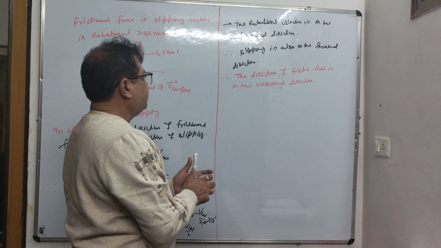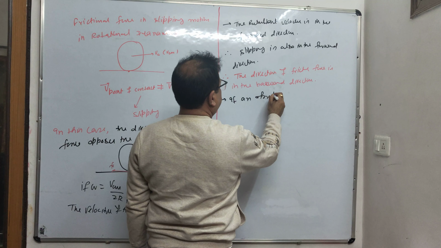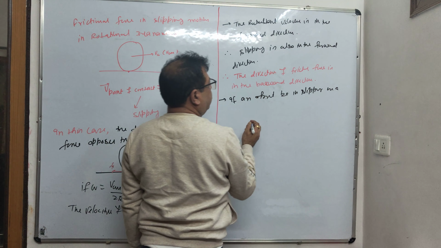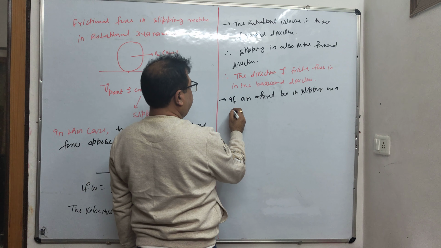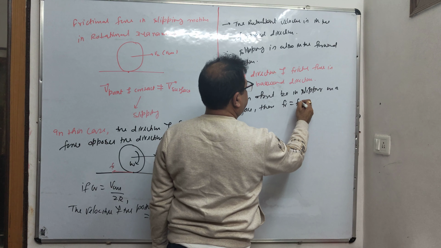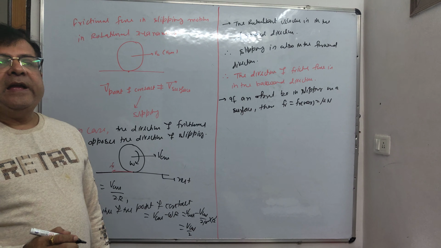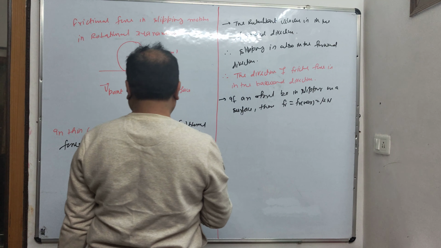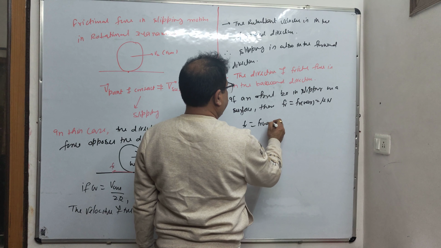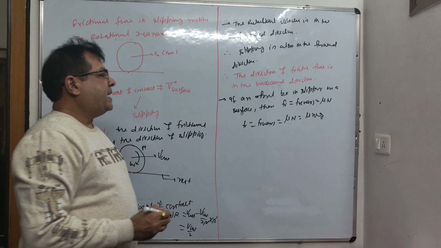So if an object is slipping on a surface, then Fr is always taking Fr max, that is mu times N. Therefore, in this case, suppose its mass is m, so Fr max is mu times N, so this is mu times mg, right? So this means the frictional force is there.